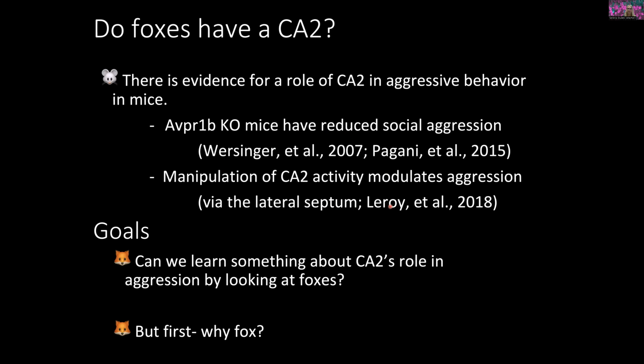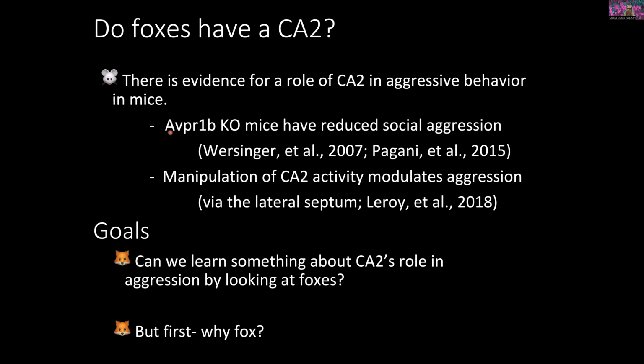Now, getting just a little bit into the function, or rather what we might be able to infer from the anatomy. We were interested in, or I think my lab thinks I'm a little nuts on this, wondering if foxes have a CA2. And the reason for this is that there's evidence for a role for CA2 in aggressive behavior.